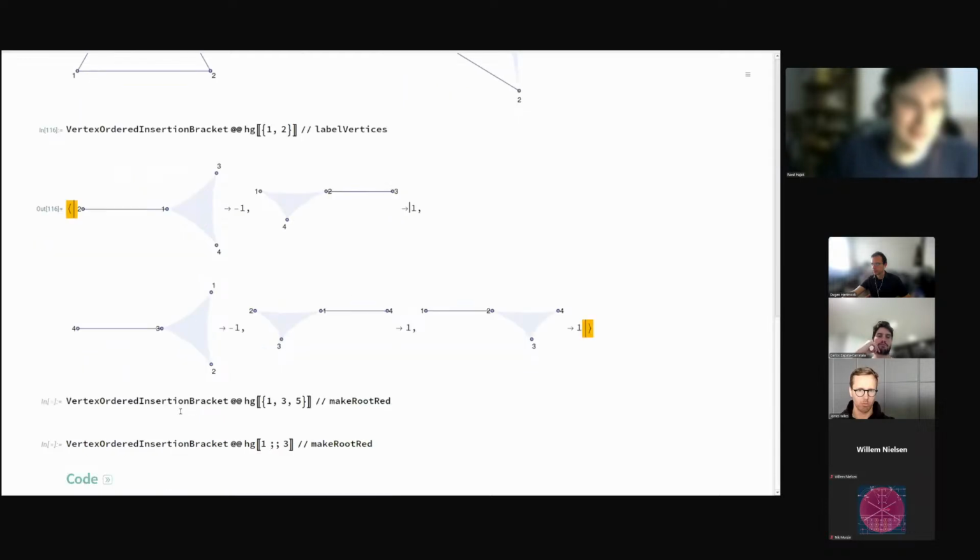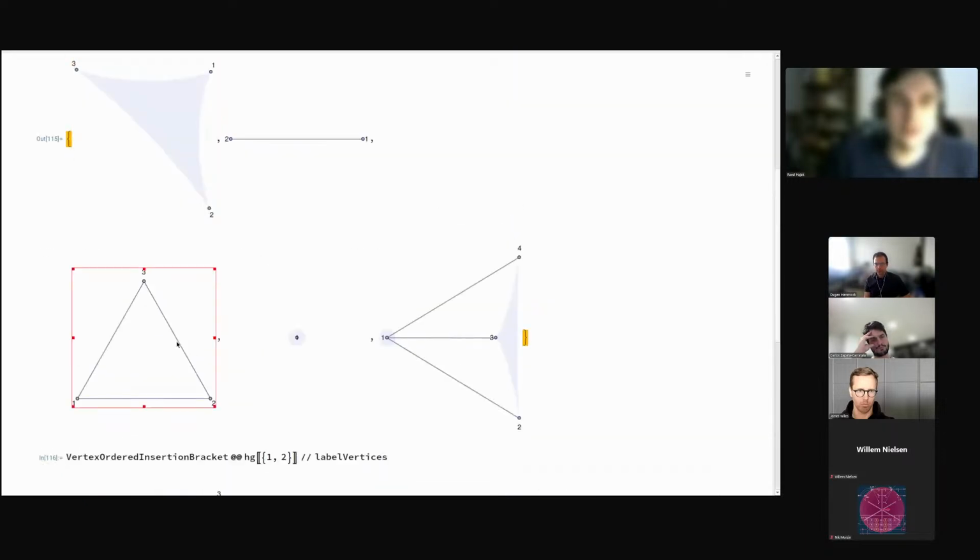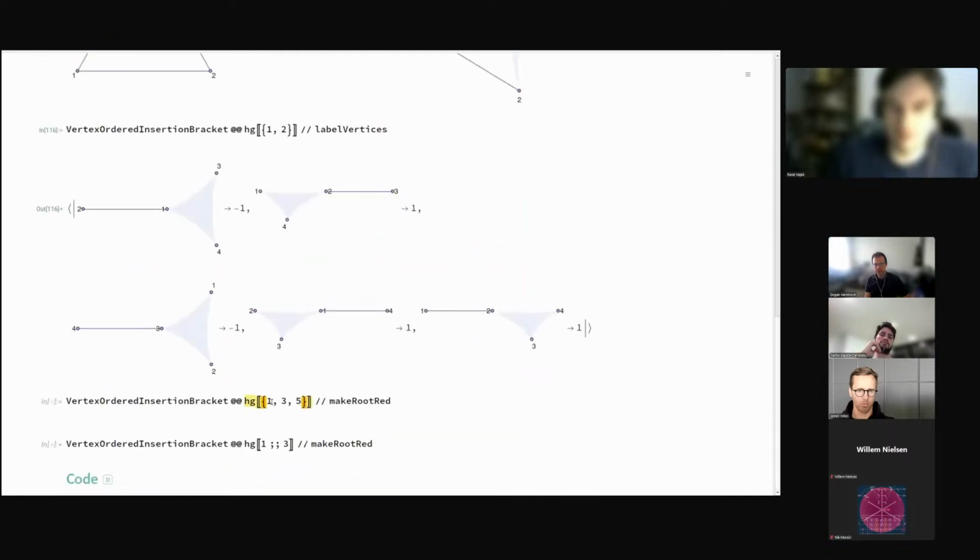In the same way, it's a multi-bracket, so I can compute the vertex ordered insertion bracket of 3 elements: 1, 3, and 5. If I again apply it, label vertices. Now it's computing.